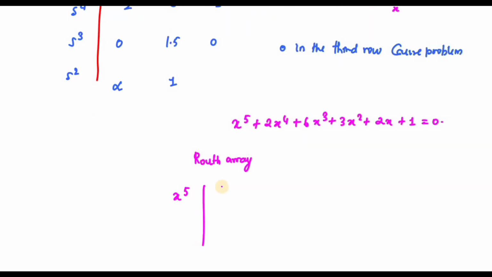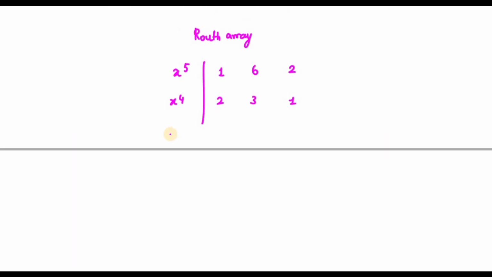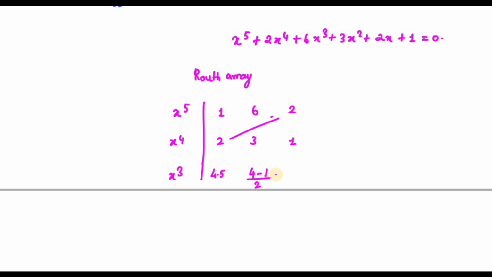Now I'm going to solve the Routh's array. For x power 5, the coefficients are 1, 6 and 2, taking x power 5, x power 3 and x. For x power 4, it is 2, 3 and 1. For x power 3, it is 2 into 6 minus 3 divided by 2, and 2 into 2 minus 1 divided by 2, giving 4.5 and 1.5.